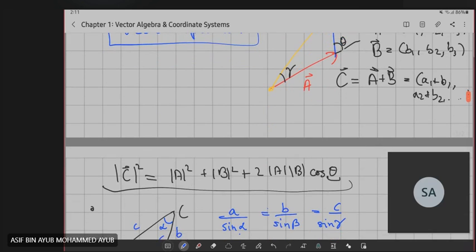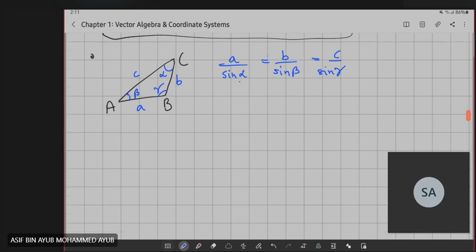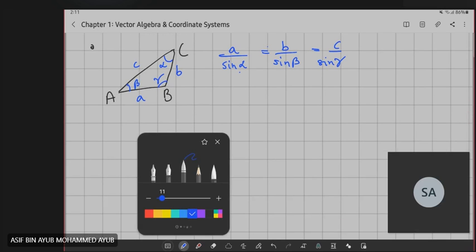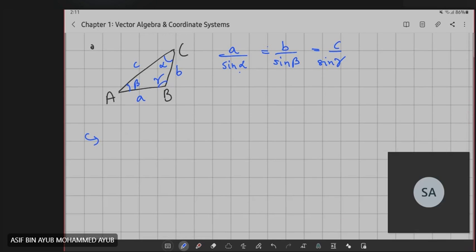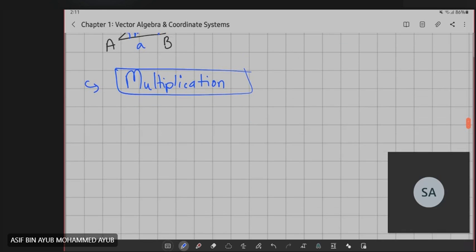Now, the next topic we will see is multiplication. How do you multiply two vectors? You know that we can multiply numbers. So can you multiply vectors? And the answer is yes. Multiplying two vectors can give you either a scalar or a vector.